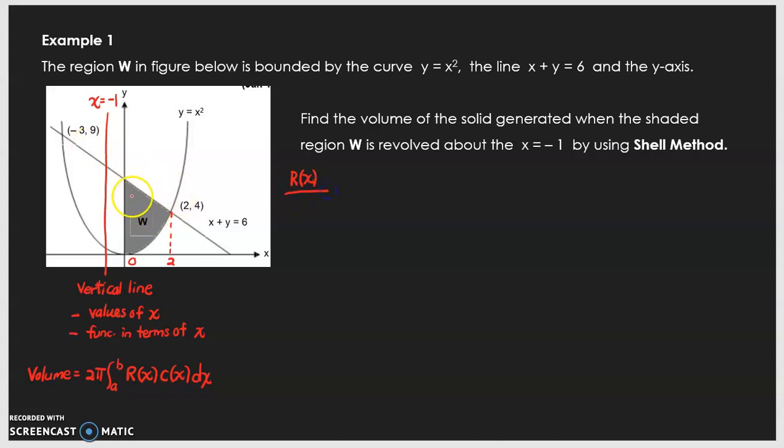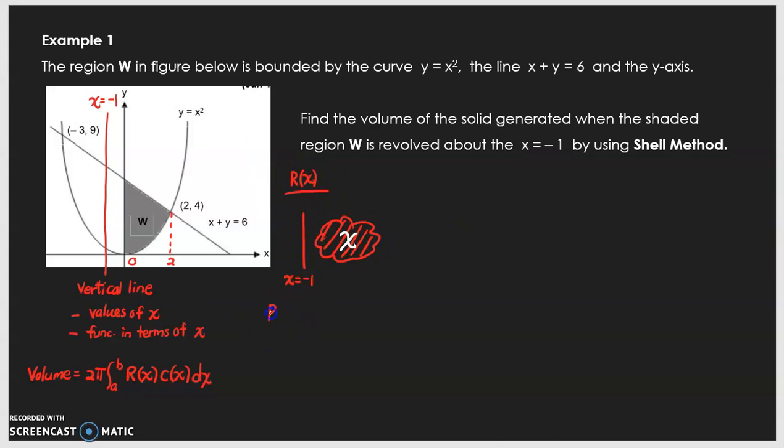So you can see that this is the shaded region and this is the line of revolution, which is x is equal to -1, and the shaded region is on the right hand side. So the shaded region is x, which means right hand side minus left hand side.